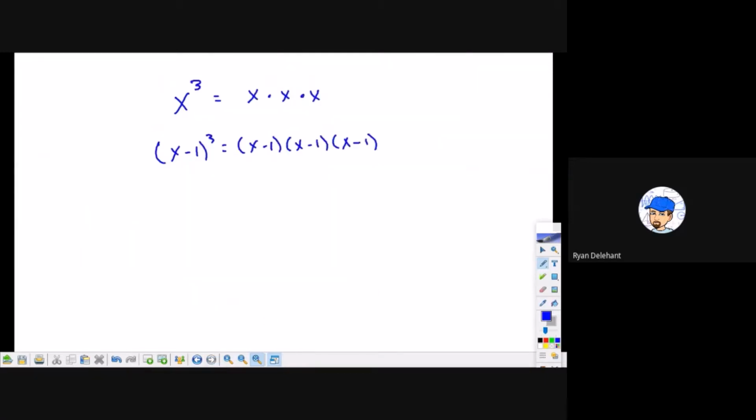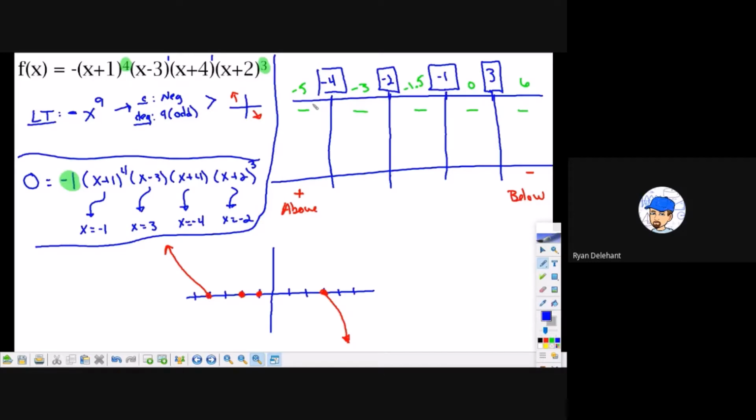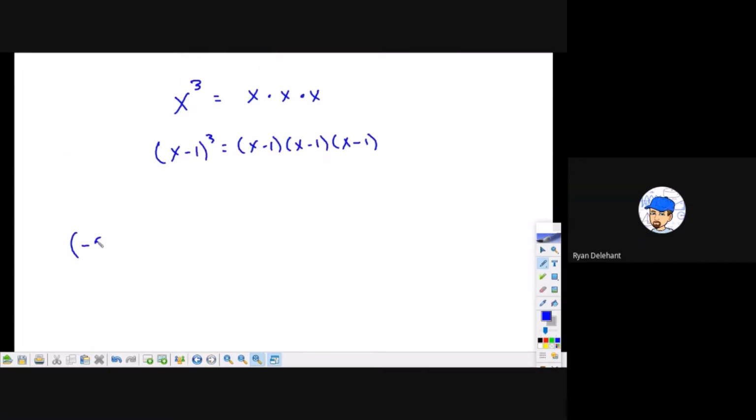Let's break this down because I'm doing this first one with this power of 4. So we have -5 plus 1 to the 4th. This is -4, but we need to take it to the 4th power.